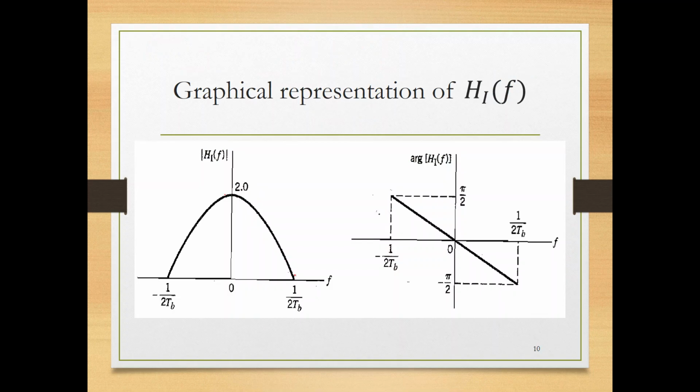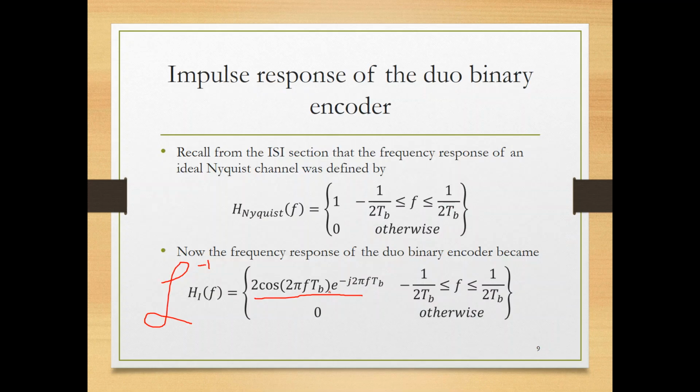Then you draw this, and you find where it is equal to 0: at 1 over 2Tb, and here minus 1 over 2Tb, and then you get this. This is the shape of the amplitude of the frequency response of your system. The phase is a linear line like this. It's coming from this.